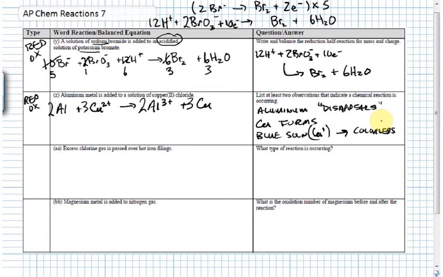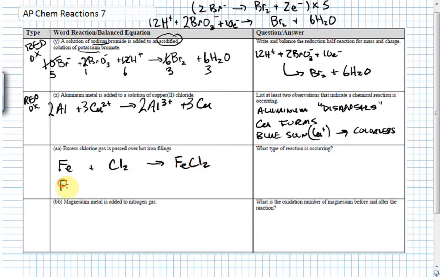Again, another example of redox. Excess chlorine gas is passed over hot iron filings. Hot iron filings. Fe plus Cl2. So your guess. You know that iron can form either plus 2 or plus 3. If iron forms plus 2, you're going to say FeCl2 is your product.